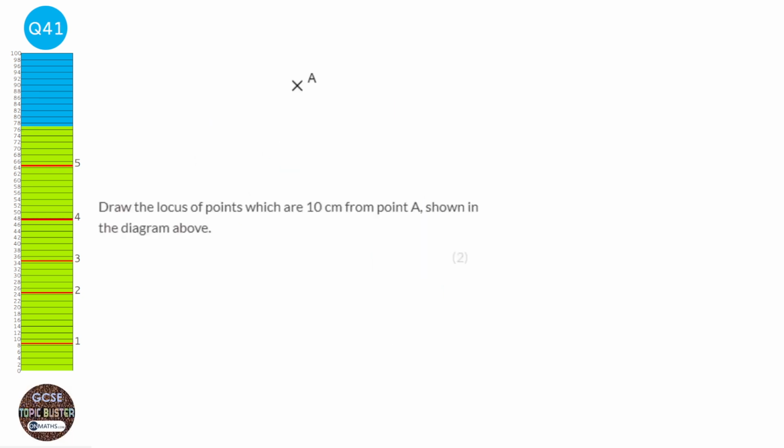So to find the locus of points that are 10 centimeters away from a point, you need to measure 10 centimeters on a pair of compasses, and then you put the point at A and draw them. Now I'm going to try my best to do this. It's probably not going to look perfect, but I'll do my best. This part here is going to be 10 centimeters.